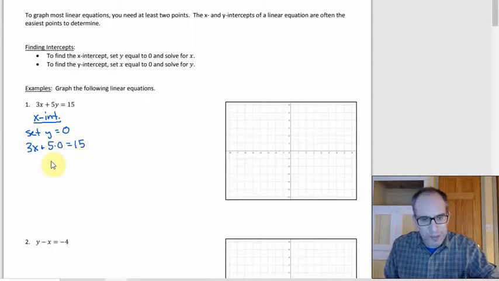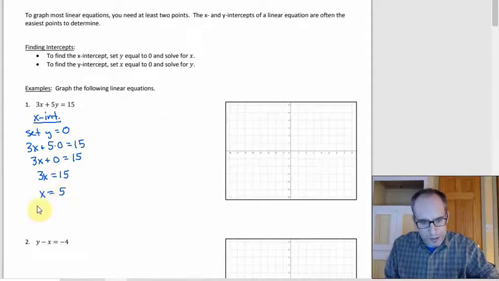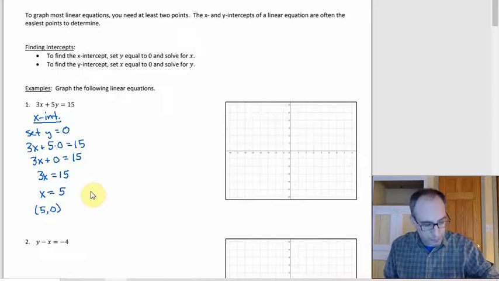But 5 times 0 is 0, so you'd have 3x equals 15. If you divide both sides by 3, you get that x is equal to 5. So your x-intercept is the point (5, 0).